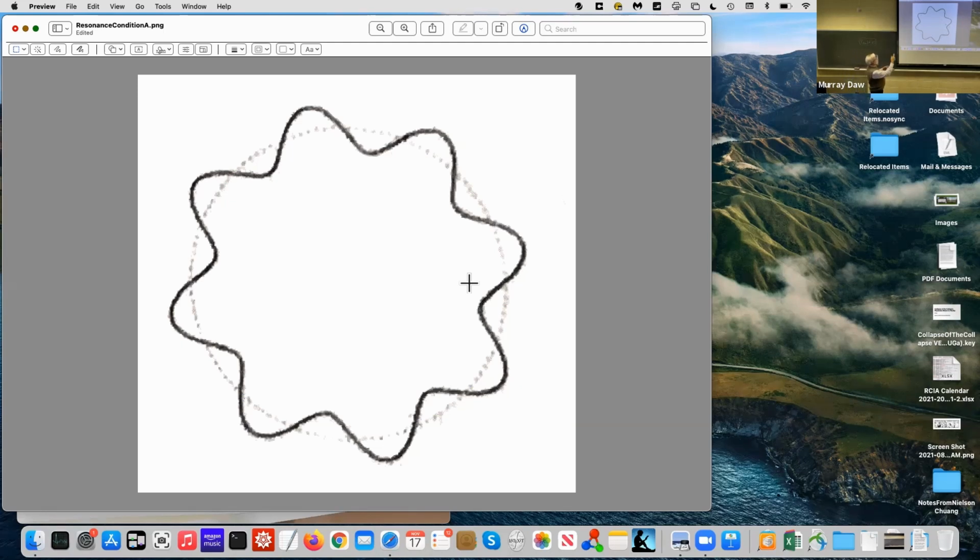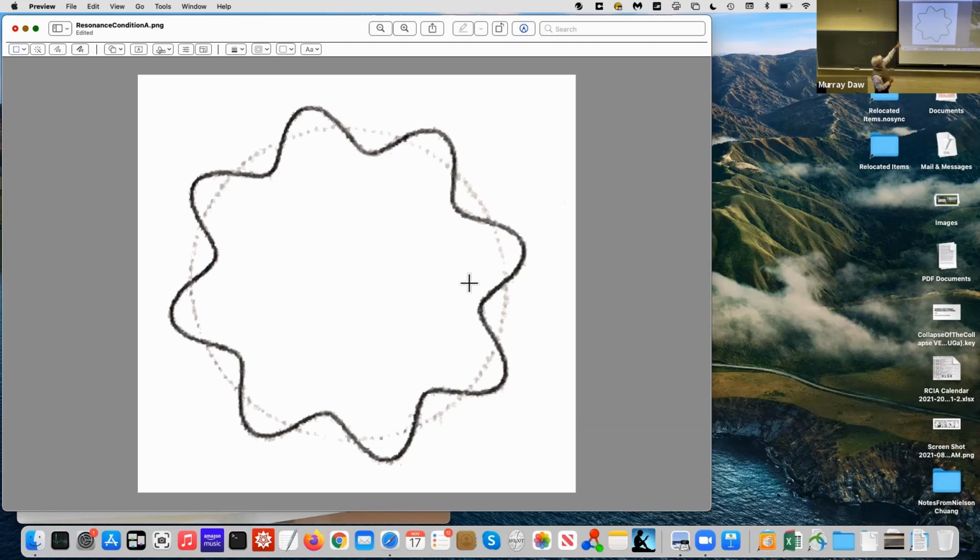And the idea is that the circumference of the circle was matched by some integer multiple of the wavelength of the wave. If that happens, then the wave will be constructively interfering with itself as it travels around the circle. And that led to quantization that was, in fact, like the angular momentum quantization, only not as complete.